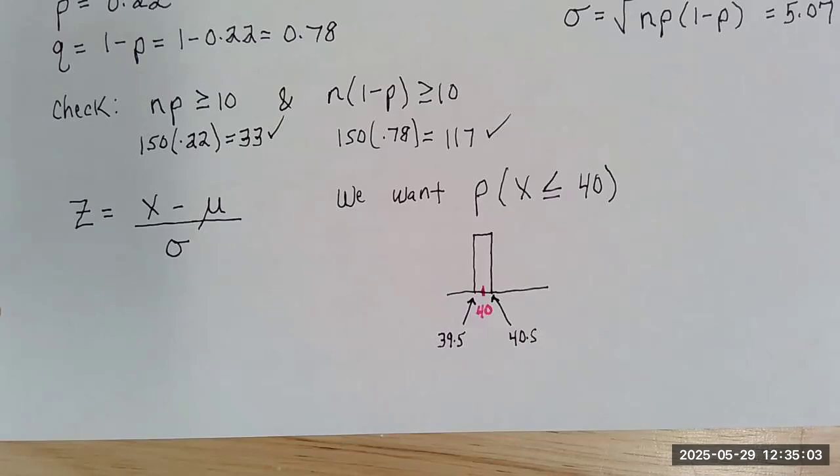If you want to include the 40, you can't start at 39.5 and go less because you're going to miss the 40, right? You have to start with the bigger one. Is that okay? So I'm going to do 40.5. We're going to add the 0.5 to it.